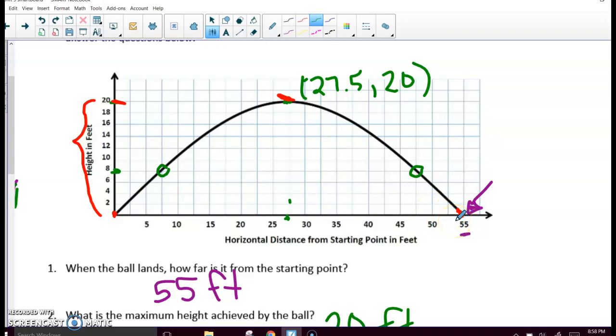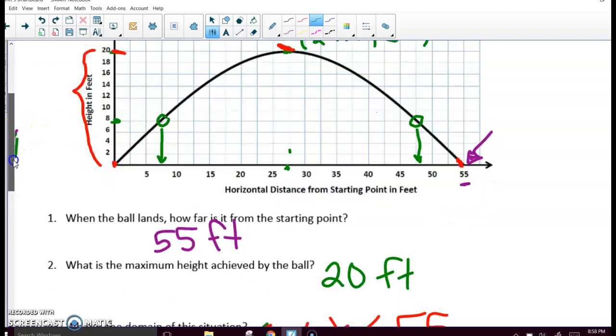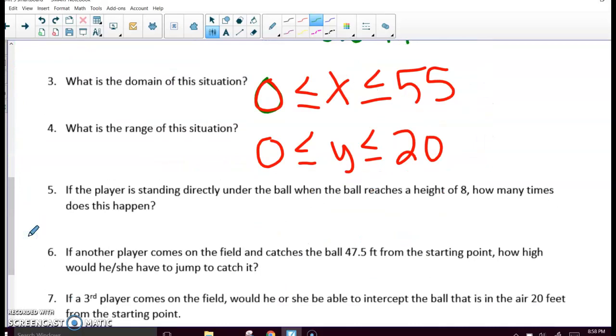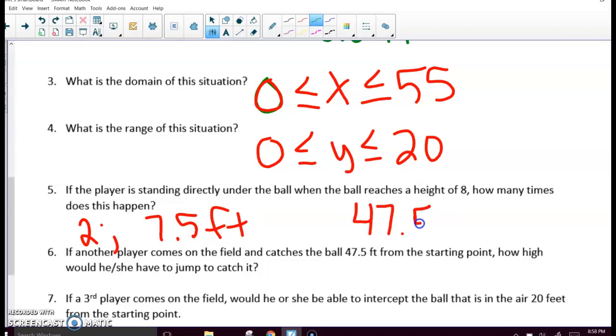So where that's happening is halfway between 5 and 10 and halfway between 45 and 50. Halfway between 5 and 10 is 7.5 feet, and halfway between 45 and 50 is 47.5 feet.